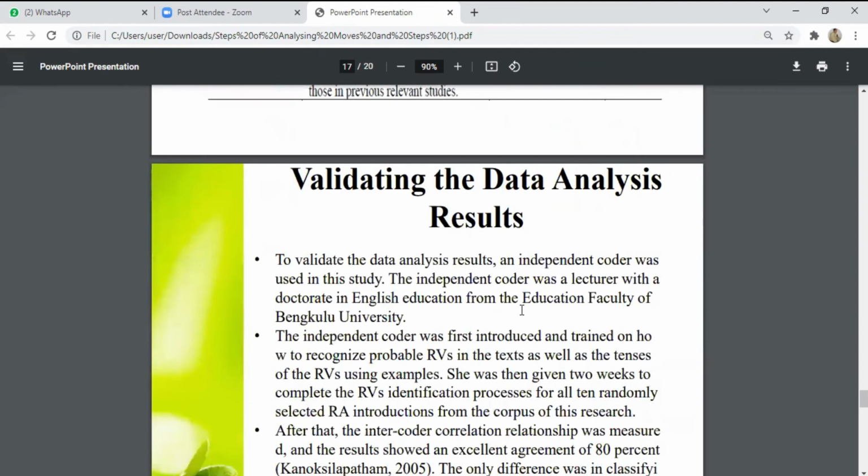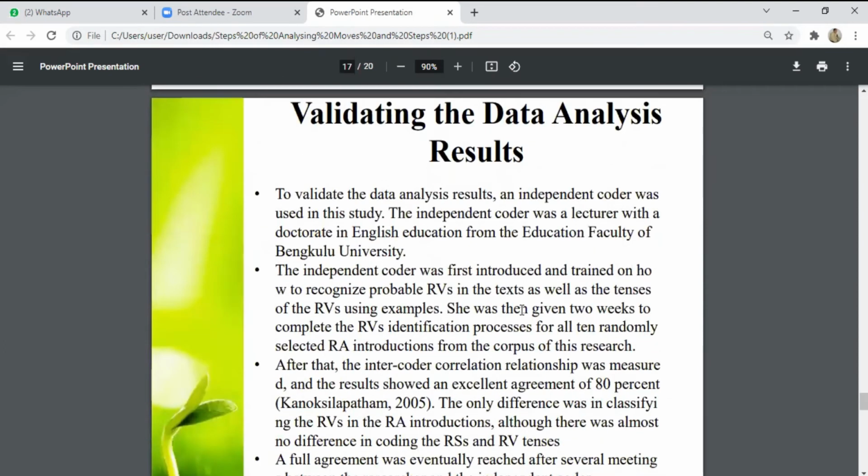Now, this is the way to validate the data analysis result. How to do that? To validate the data analysis result, an independent coder was used in this study. The independent coder or rater was a lecturer with a doctorate. You have to mention the qualification of the independent coder.